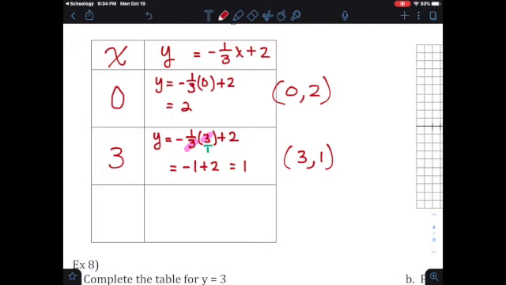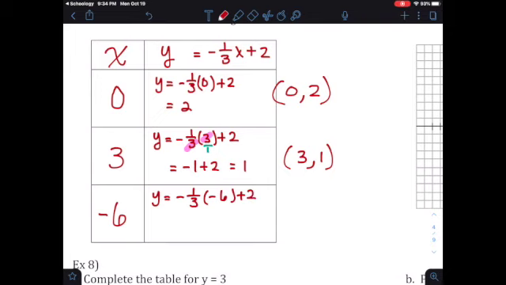And the next one, if you want to pick, I will probably pick negative 3 or 6 or positive 6 or negative 6. It's up to you. The reason for that is, again, it will cancel out with the 3 on the bottom. So let me show you. If I pick negative 6, I will have y equals negative 1 over 3 times negative 6 plus 2.